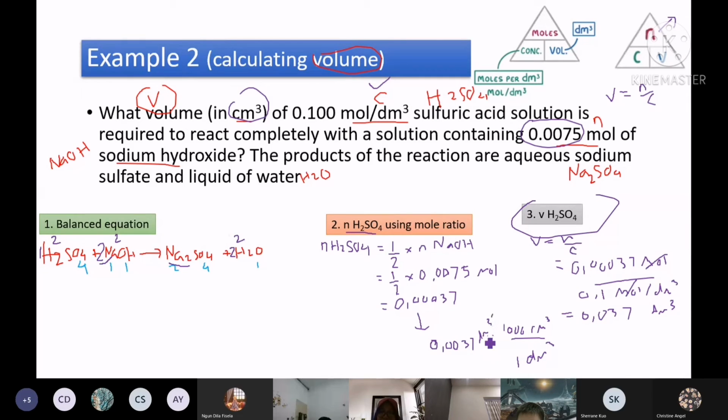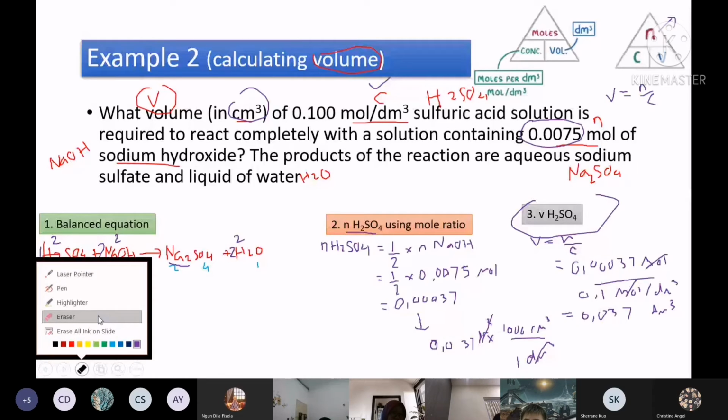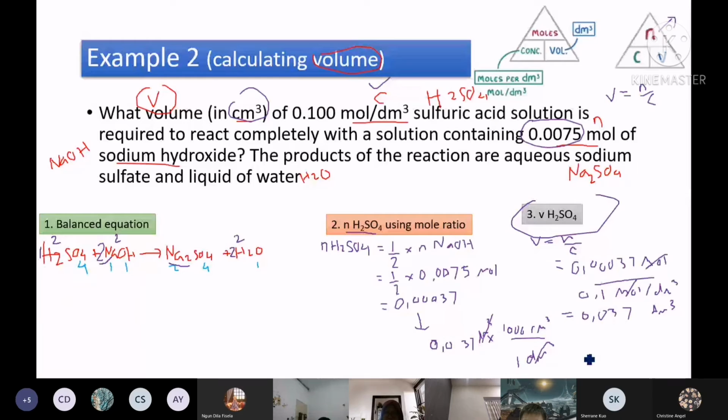We can cancel dm cube. What is the answer, the volume in centimeter cubes? 37 centimeter cubes. So this is the volume. Okay.